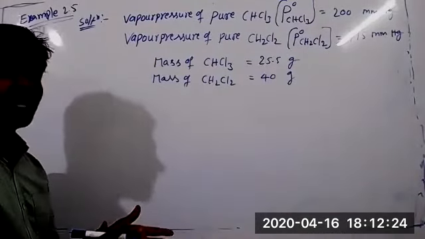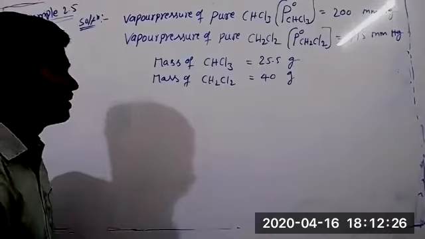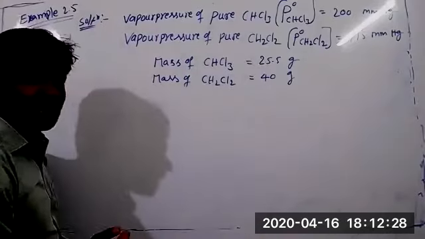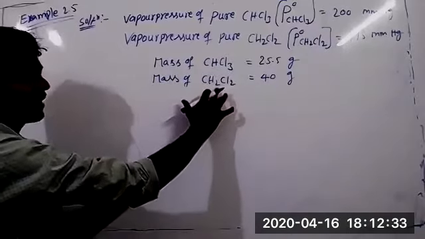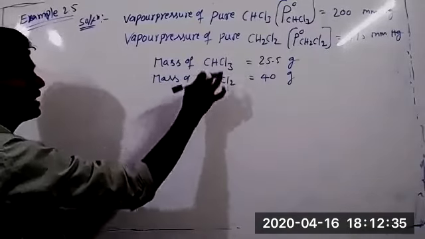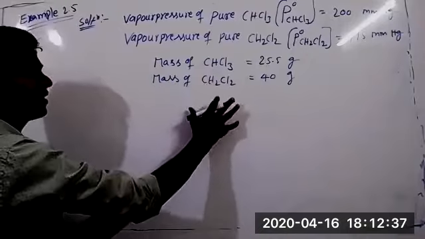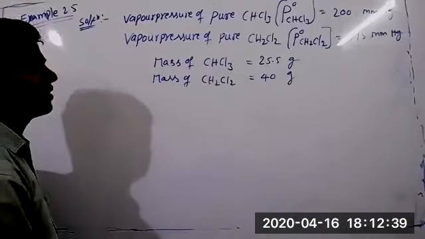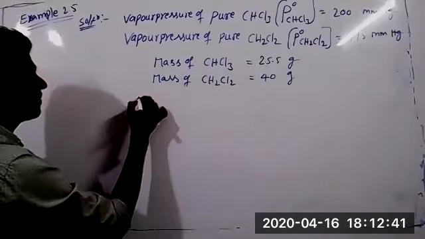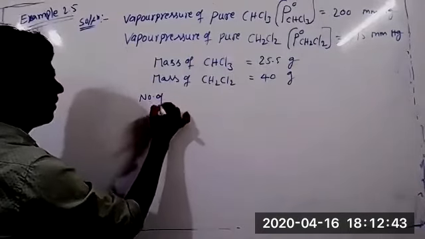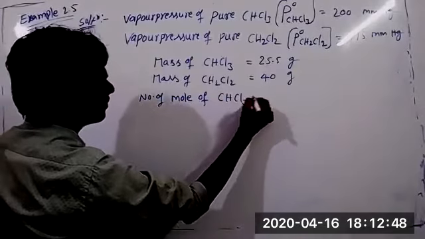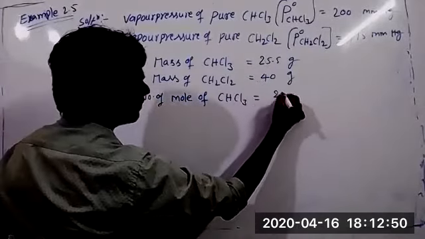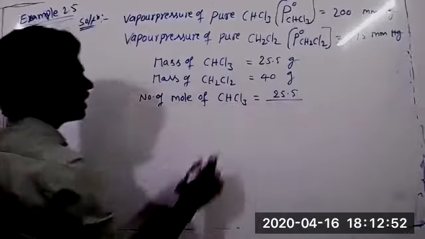From this first we have to calculate total pressure. Before that, we have to calculate number of moles of CHCl3, number of moles of dichloromethane, and mole fraction of CHCl3 and CH2Cl2. If you know that information, then P total is very easy to calculate. First one, number of moles of CHCl3. Given mass is 25.5 divided by molar mass of chloroform.